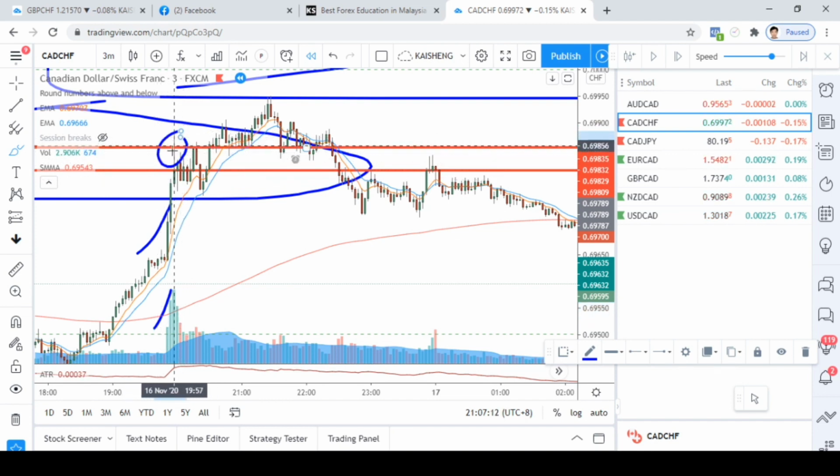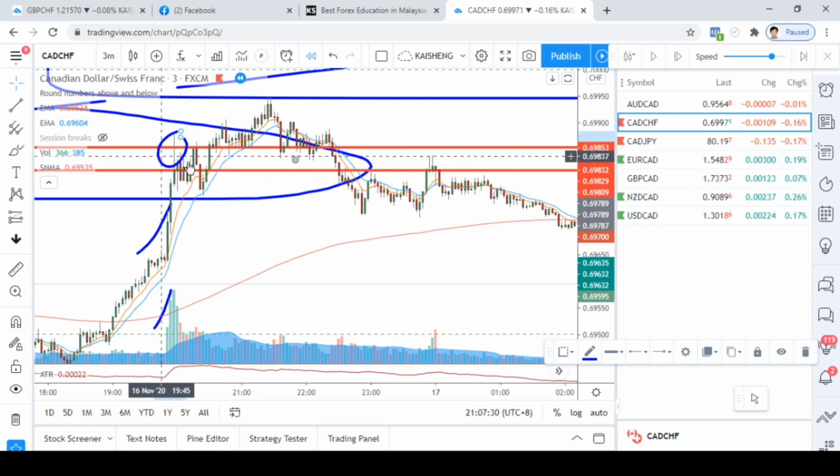Okay, meaning that this is a strong seller coming in from here. Strong seller coming in, pushing back down, then forming this high volume. So the high volume over here, most of the volume here is from the seller.